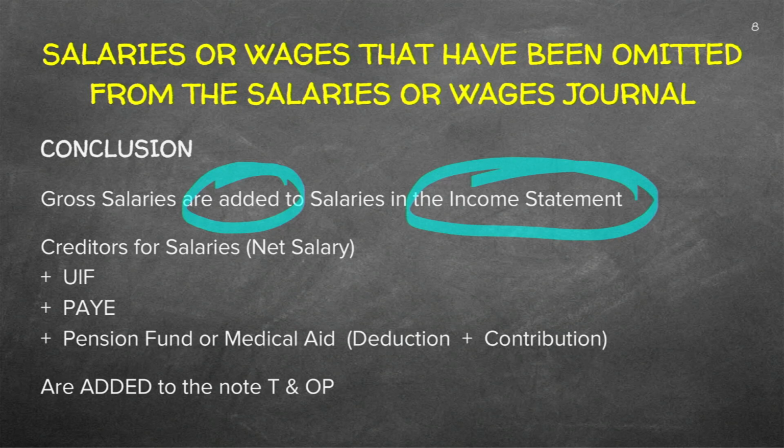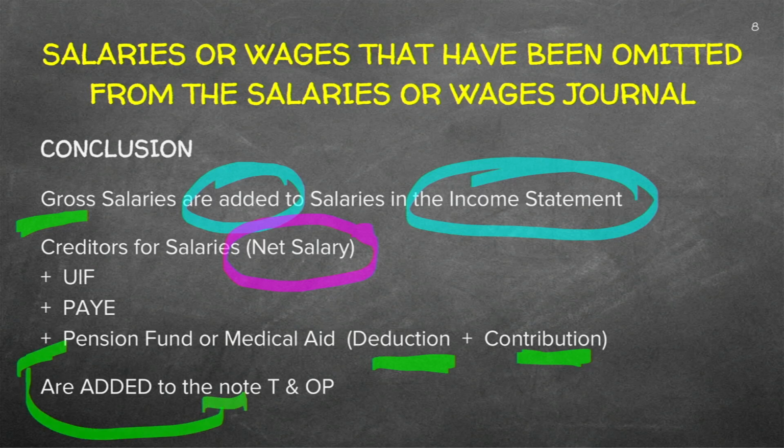We're going to add creditors for salaries. And please note, here it is, net salary. I've then got my UIF, I've got my PAYE, I've got my pension fund or medical aid, and here I've got the deduction and the contribution. So from here down is added to the note trade and other payables.